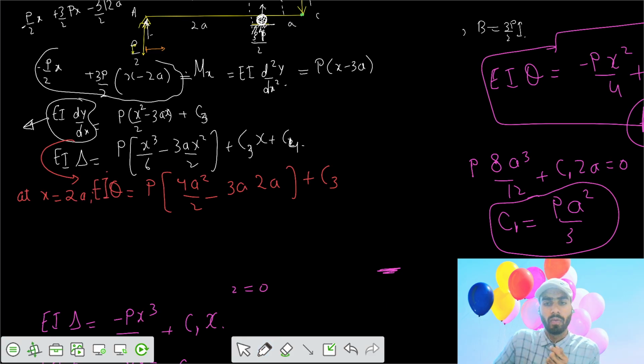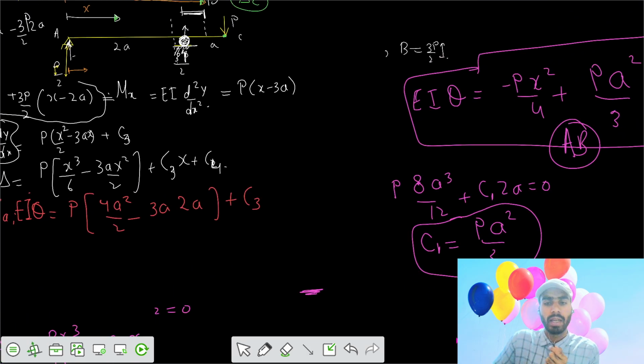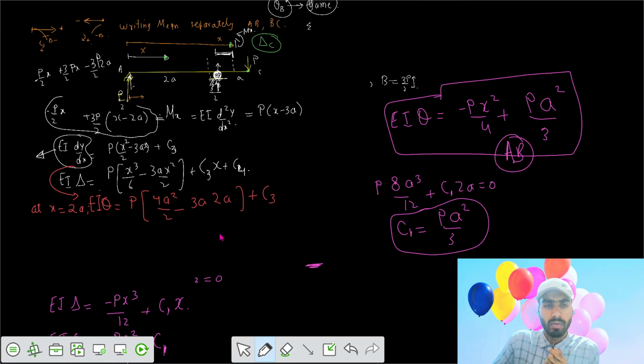So now we have the condition that theta at B in AB equals theta at B in BC.